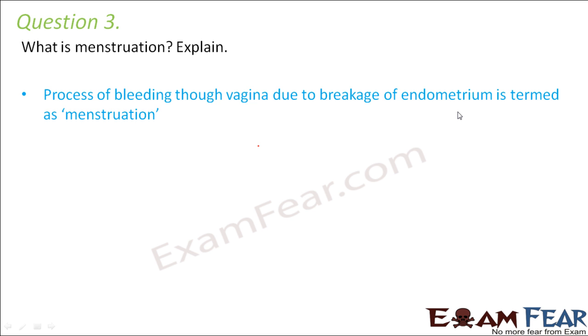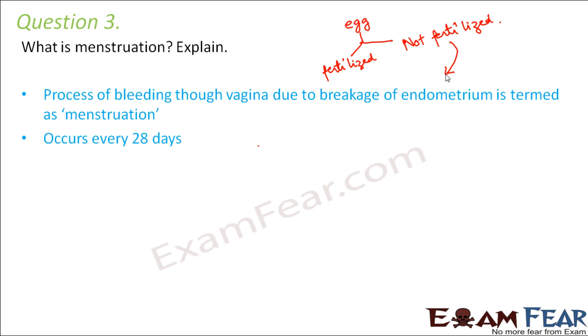Either it will get fertilized or it will not get fertilized. The egg, after being ovulated, can either be fertilized by the sperm or not. In case it gets fertilized, it will obviously lead to pregnancy. But if it is not fertilized, then menstruation happens.